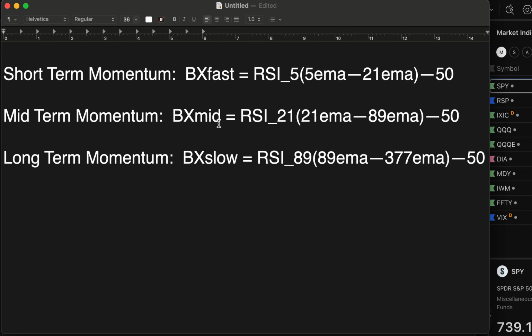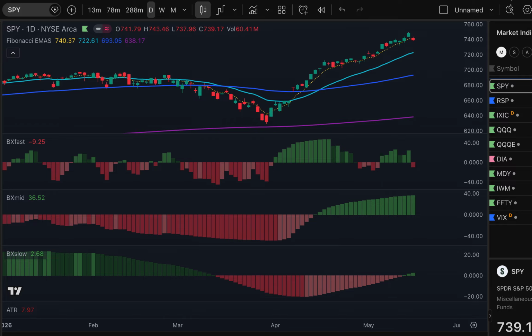And the BX mid is similar, except it's a 21-day look back, and you're looking at the difference between the 21 EMA and the 89 EMA. And then the BX slow is an 89 period look back, and you're measuring the difference between the 89 and the 377. So that's the details of what these indicators are.